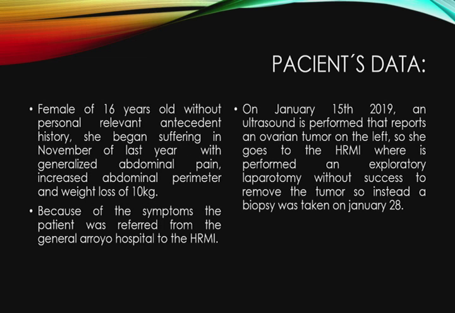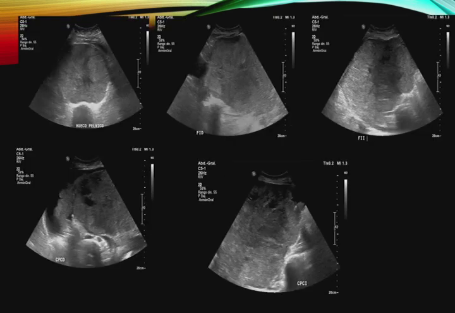She enters on February 5th, and a pelvic ultrasound is performed. We can see multiple lobulated images of solid echogenicity without visualization of the bladder, uterus, and annexes, as well as ascites in moderate amount.